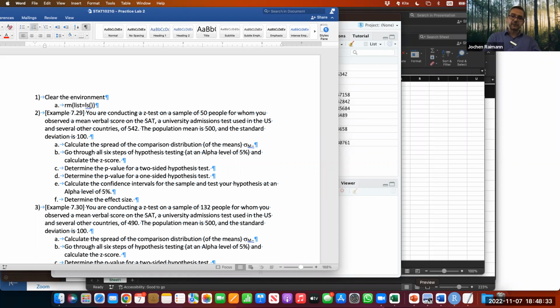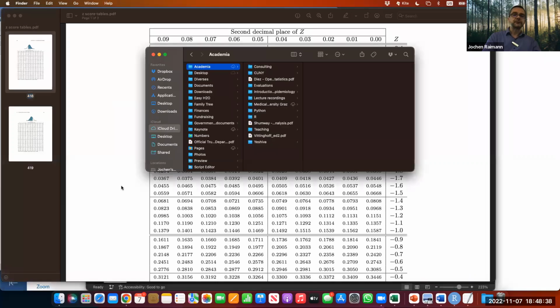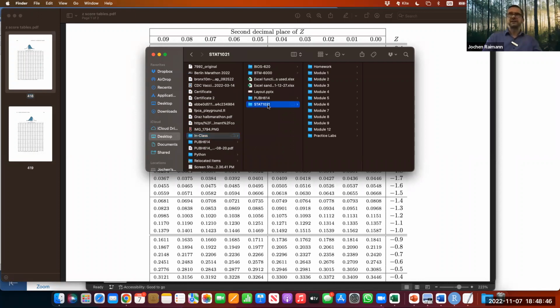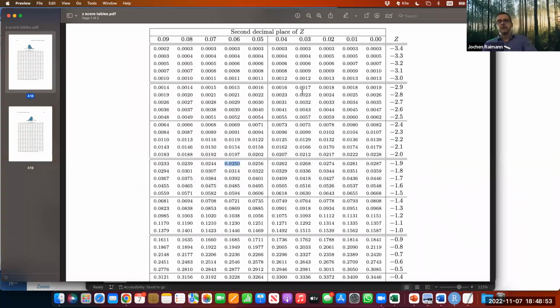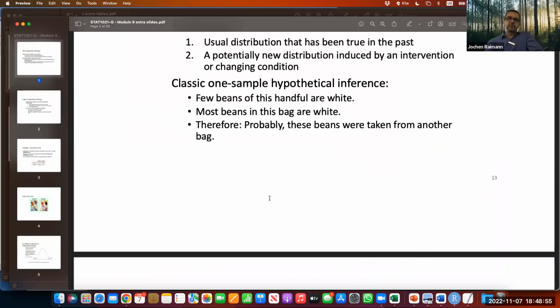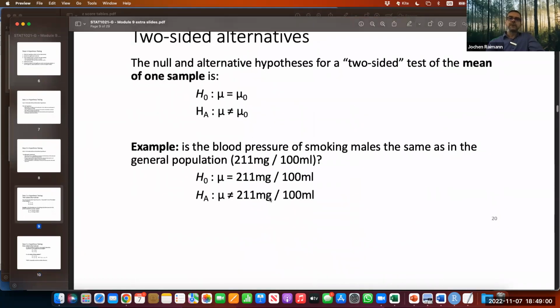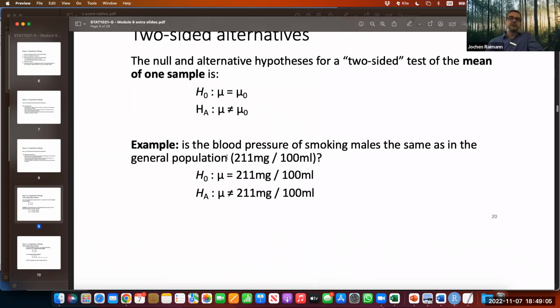We compared the sample of smoking hypertensive males to a general population that had 211 milligrams per deciliter.